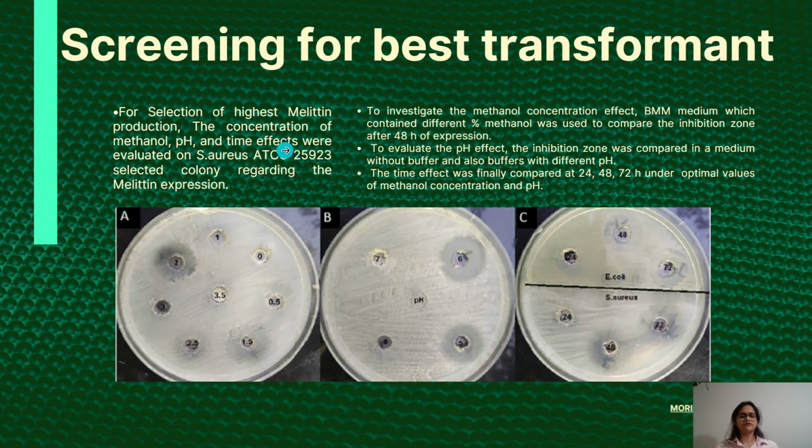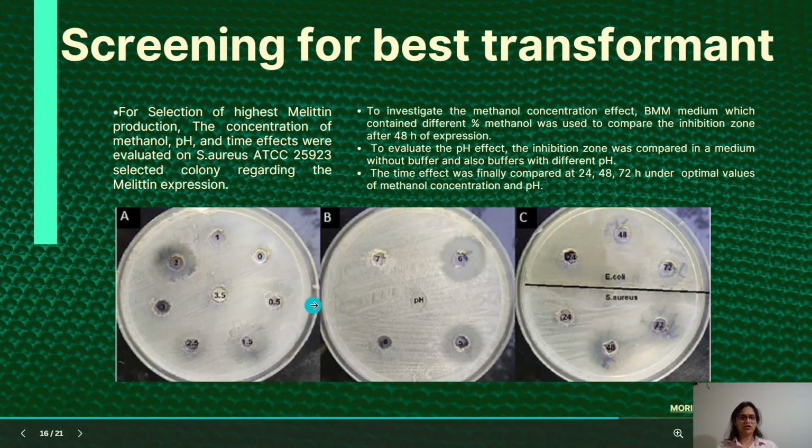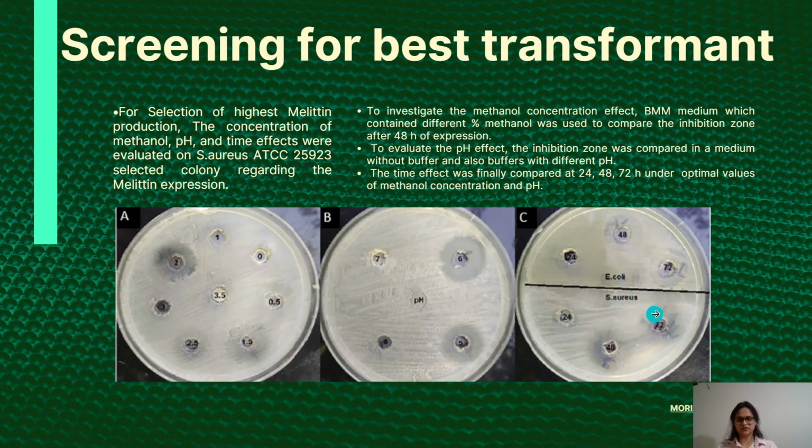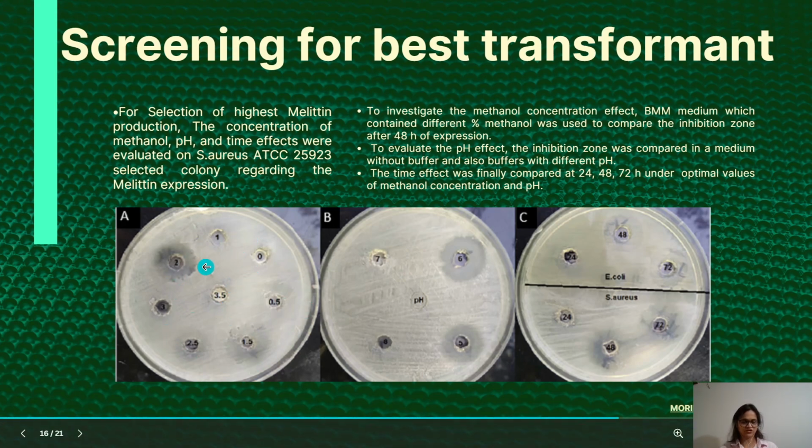For the screening for selection of highest melittin production, the concentration of methanol, pH, and time effects were evaluated on S. aureus, as you can see on these slides, and the selected colony regarding the melittin expression was seen on these. To investigate the methanol concentration effect, the BMM medium, which contained a different percentage of methanol, was used to compare the inhibition zone after 48 hours of expression.